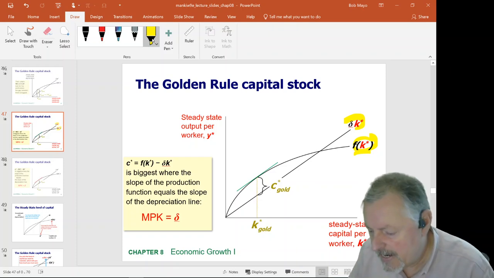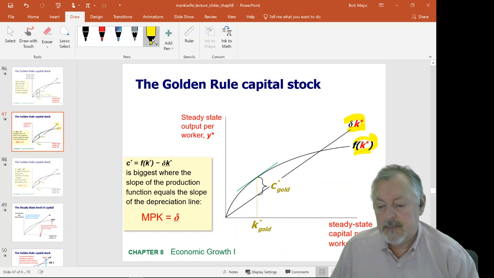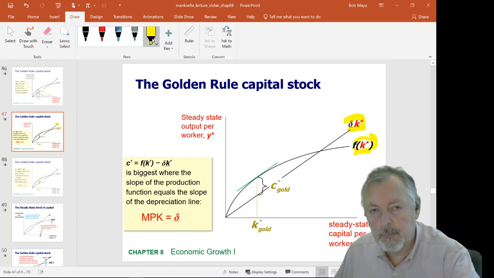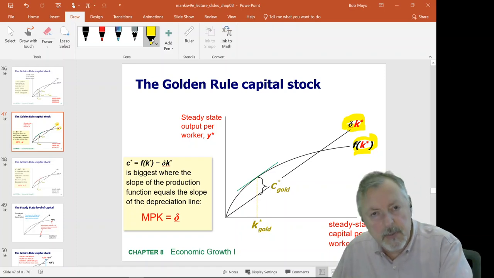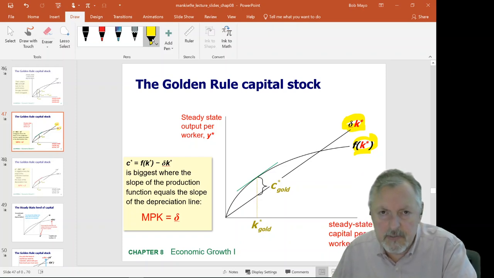That means this delta k is how much you're losing, but it's also how much you're replacing. This is how much new capital you're creating every time period to stay in a steady state.